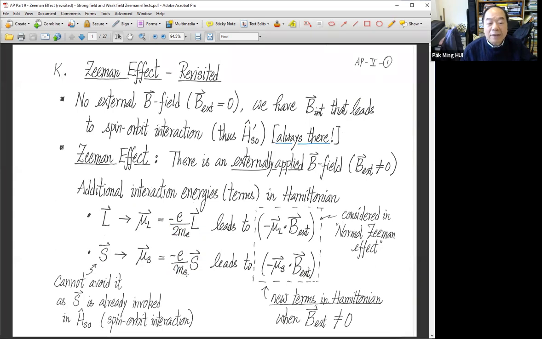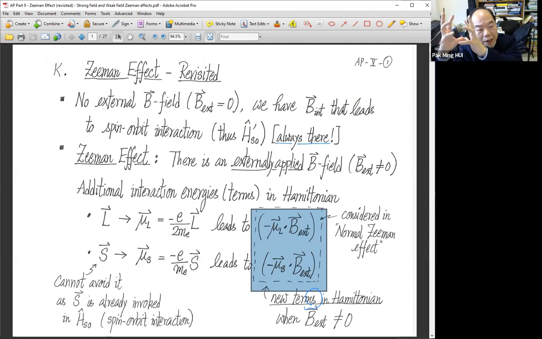Nonetheless, you apply an external field. Each magnetic dipole moment will interact with the external field to give you an energy term. So this is the Zeeman term due to orbital angular momentum. The lower one is the Zeeman term due to spin angular momentum. So we have 2 terms, not one, plural, 2 terms. In addition, we have spin-orbit. So we have the atom Hamiltonian, which you know how to solve, plus 3 extra terms.